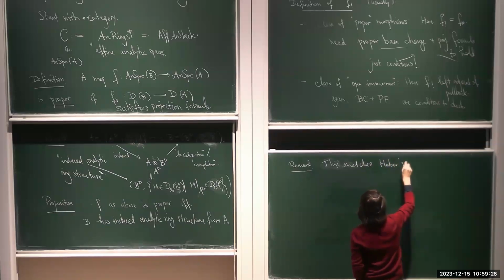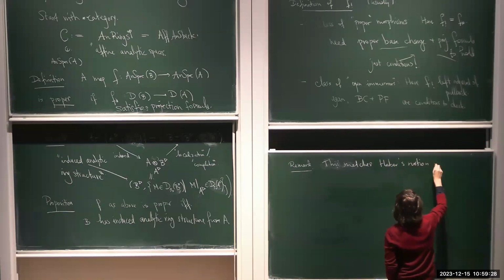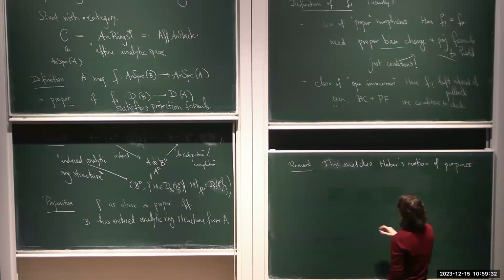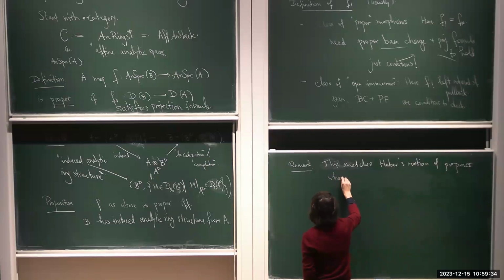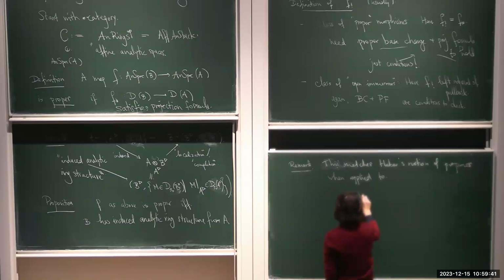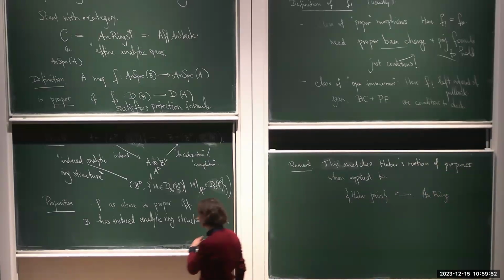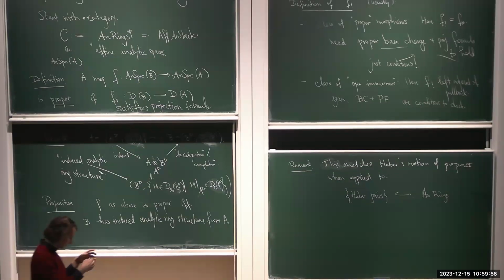Huber's notion of properness when applied to things which are the central image of the Huber pair, which sit inside an... Yeah, so in Huber's theory, there's always this A plus.